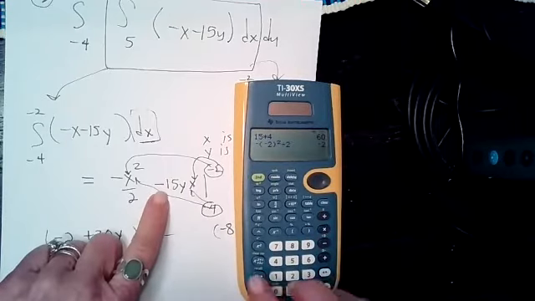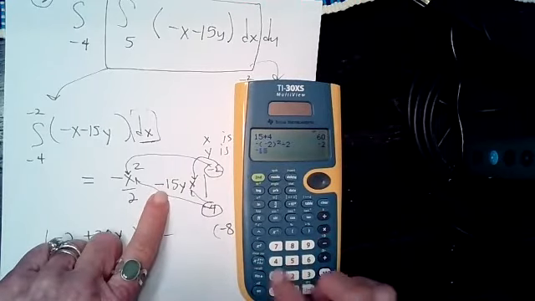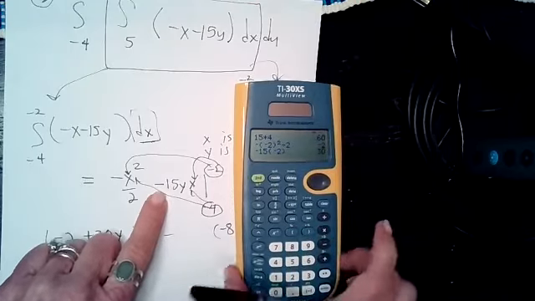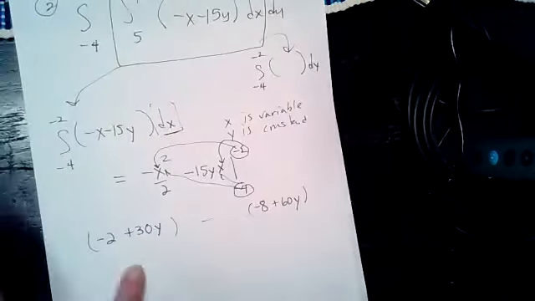And then minus 15y times -2 is 30y. So, I mean, you can do it however you want to do it.